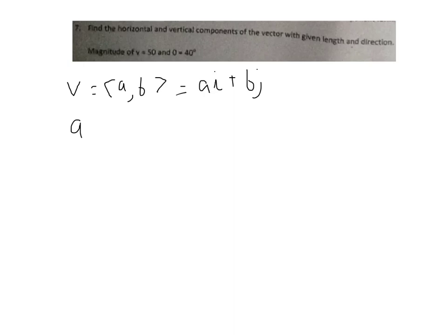A is equal to the absolute value of the magnitude times cosine of the angle, which is theta, and B equals absolute value of the magnitude times sine of the angle.